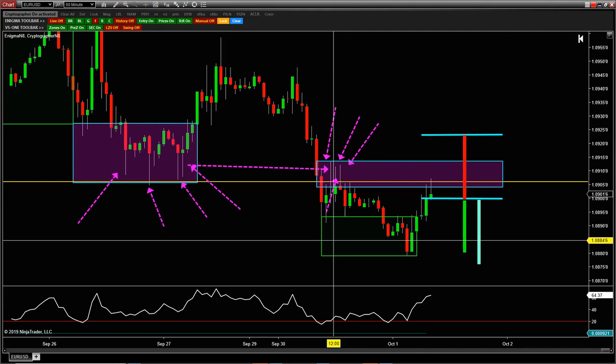And I'm a big fan of this, right? I believe that a target should be at a level in which you predict price to go to. I think that if you have a target that is at a level that you do not predict price to go to, what is the point of the target?